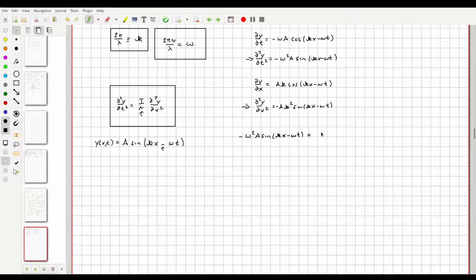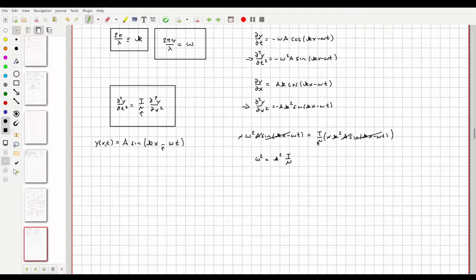On the right-hand side, I have t over mu times minus k squared a times sine of kx minus omega t. A lot of cancellations: first off, the negatives go, next the sines go, and a goes. On the left-hand side I have omega squared, and on the right-hand side I have k squared and this t over mu sitting here.